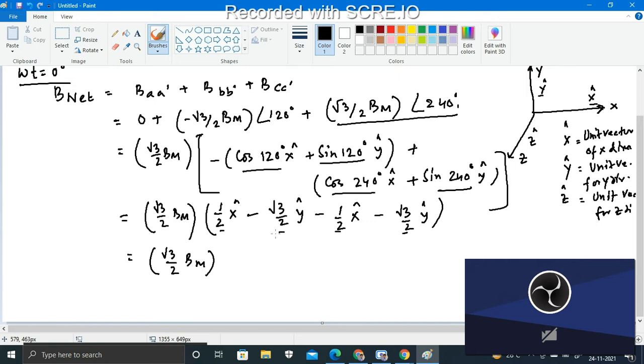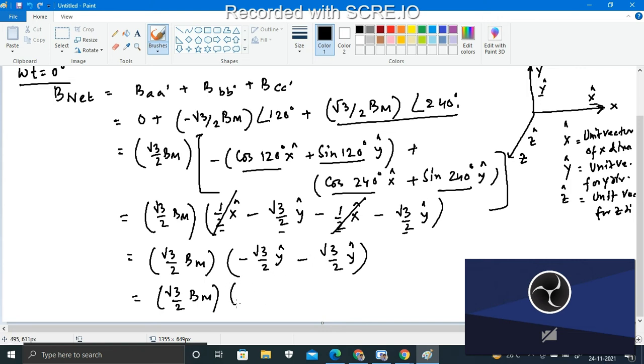Here this section and this section will be cut out, this will be plus, this will be minus. So it will come minus root 3 by 2 y bar minus of root 3 by 2 y bar. So again if I write root 3 by 2 Bm, if you calculate this, how much will it be?